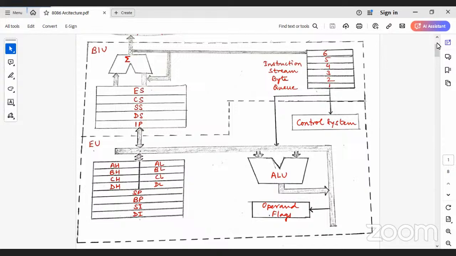If you remember from your knowledge of the 8085 processor, the address bus is unidirectional. It only goes from the processor to the memory to point to the location from where the data is to be fetched. Whereas your data bus will be bidirectional. So some lines will be unidirectional, some will be bidirectional. Bidirectional means input and output from that particular block will take place. That is how it goes.